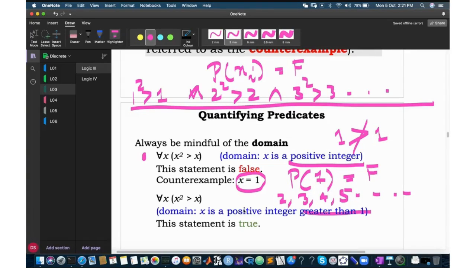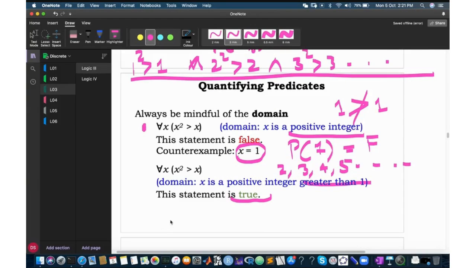The statement is true, but I'm not giving you a proof here. To prove it, you need to show that the statement is true for every possible value in the domain of x, which is not easy. You need to be slightly clever because there are infinitely many things in the domain of x. I'm holding on to the proof for now.